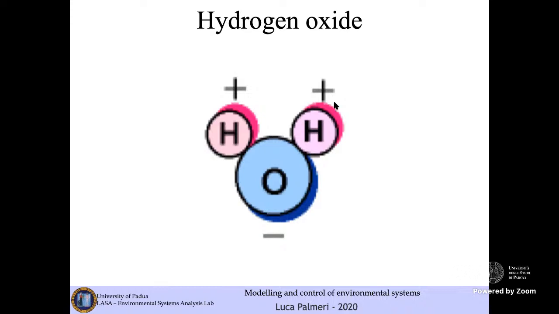This makes the molecule very dipolar, and this is one of the principal causes of the chemical characteristic, the ability of this molecule to act as a solvent and to transport chemical elements, our large chemical molecules.